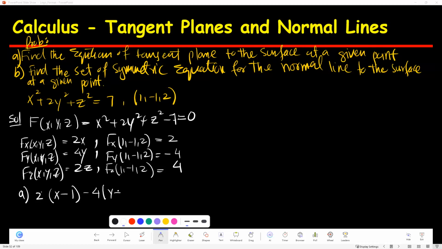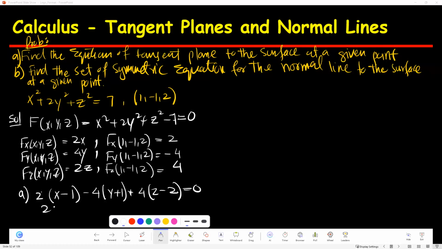The y naught is minus 1, so it's going to be plus 1. And then z will be 4 times (z minus z naught). The z naught here is 2.